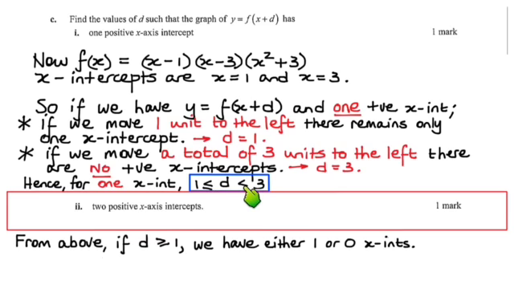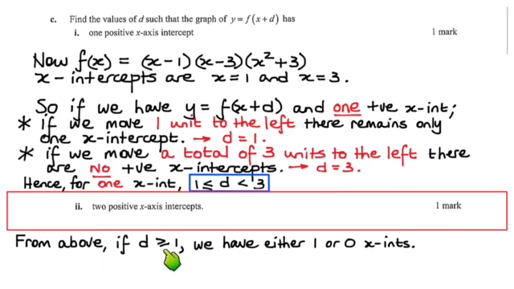From this thing that we got up here, remember that if d was anything greater than or equal to 1, including even now greater than 3 or equal to 3, okay, everything equal to or above 1, we will get what we said here, 1 positive or even 0 positive x-intercepts, okay? So there it is. From above, if d is greater than or equal to 1, we have either 1 or no x-intercepts.